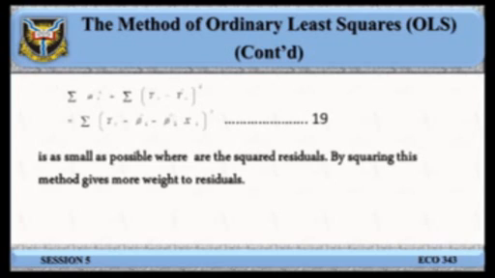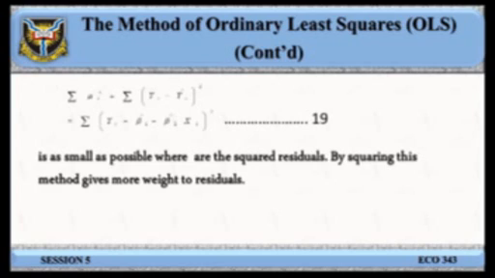This states that the sample regression can be fixed in such a way that summation ui estimator squared equals summation of (yi minus yi estimator) squared, equals summation of (yi minus beta 1 estimator minus beta 2 estimator xi) squared, is as small as possible, where ui squared are the squared residuals.